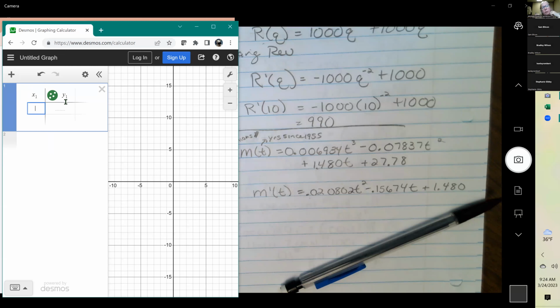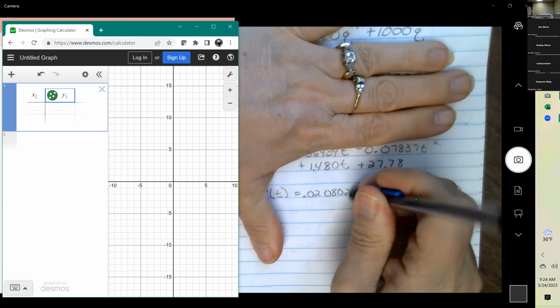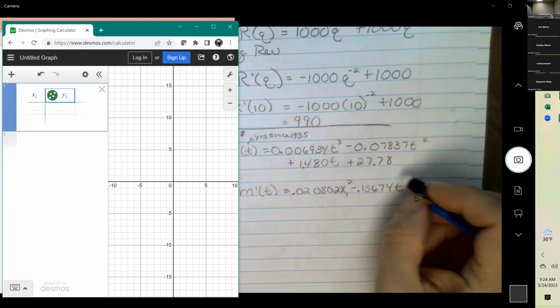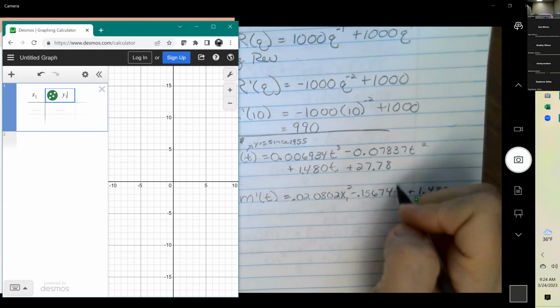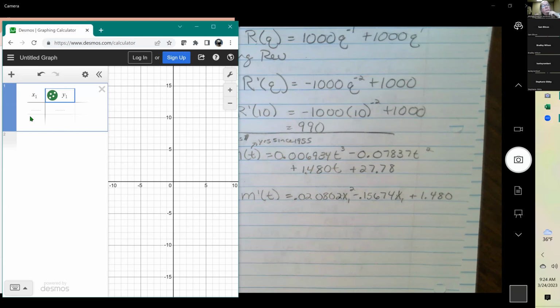But instead of X1 and Y1 over here, we want this equation, but you're going to use X1 instead of T. The reason we're using X1 is that's what's over here.